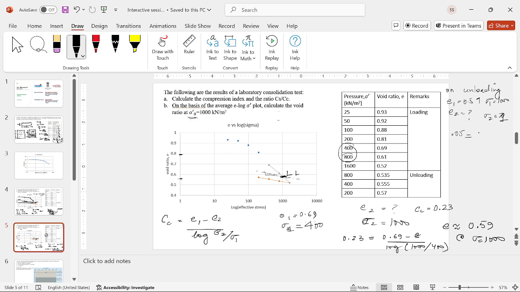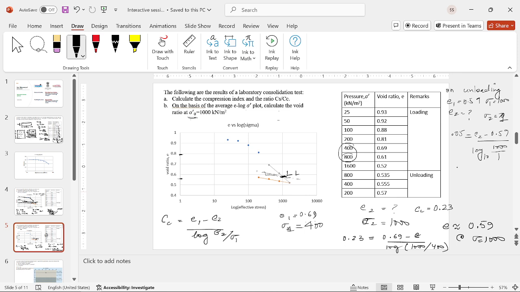equals E2 minus 0.59 over log base 10 of 1000 over 1. Okay, so this will be 0.05 into log of 1000 plus 0.59.